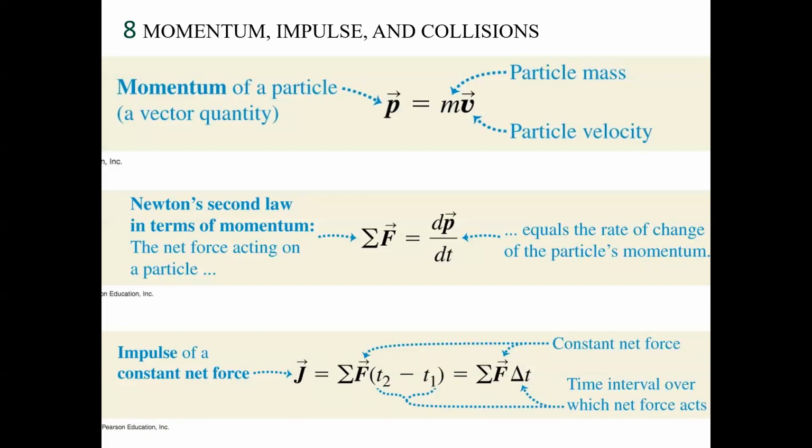That is given by delta t, or t2 final time minus initial time. Delta t as a whole is the time interval over which the net force acts on a particle. So this is the impulse of a constant net force denoted by J.